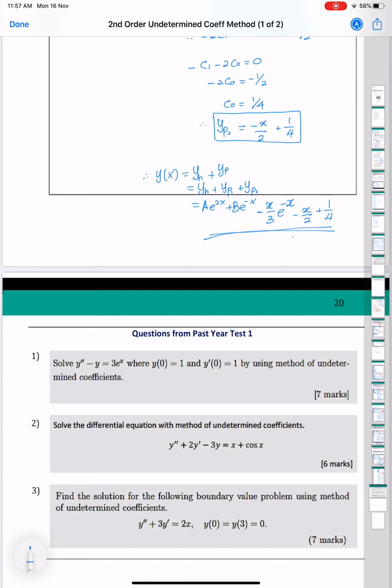To get the particular solution yp, there are 4 cases. The first case is when your f(x) is in terms of polynomial. The second is when your f(x) is in terms of exponential. The third case is when your f(x) is either cos or sine. And the fourth case is if you have addition of any of case 1, case 2, and case 3. So we have discussed all 4 cases.